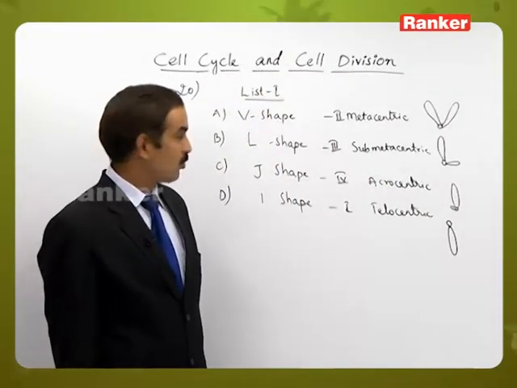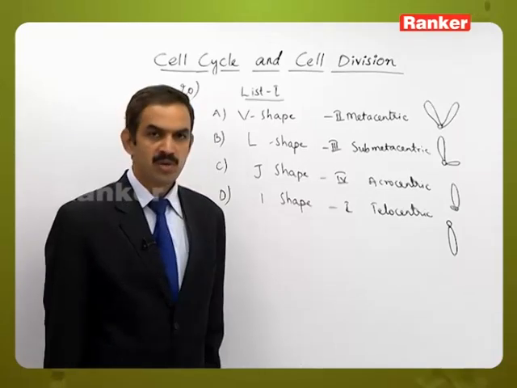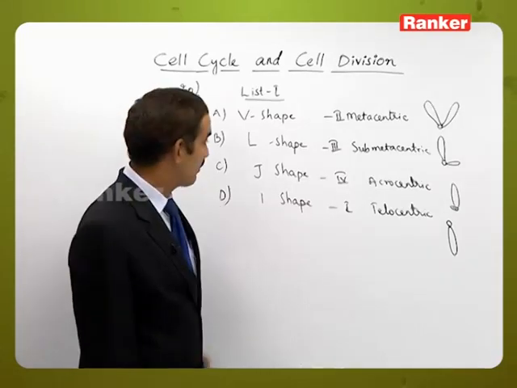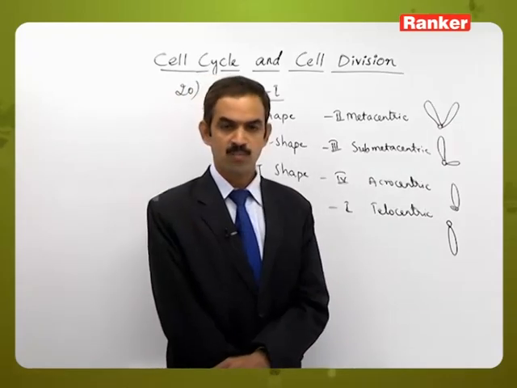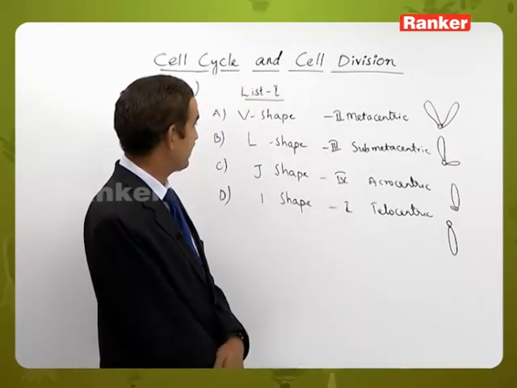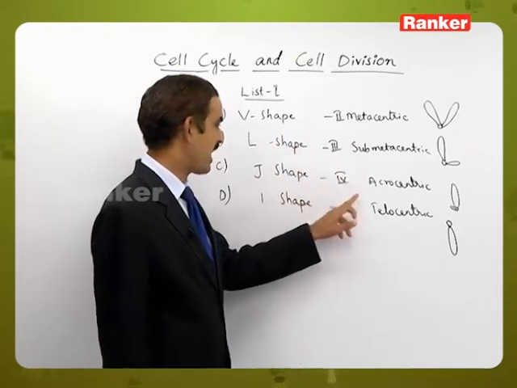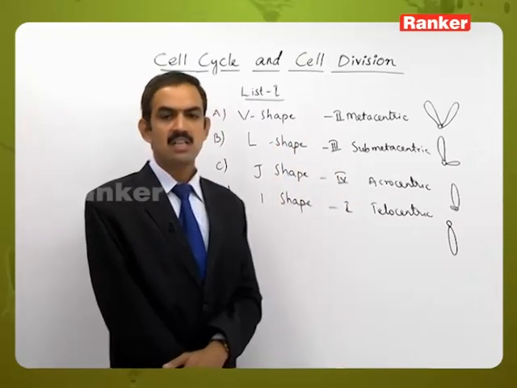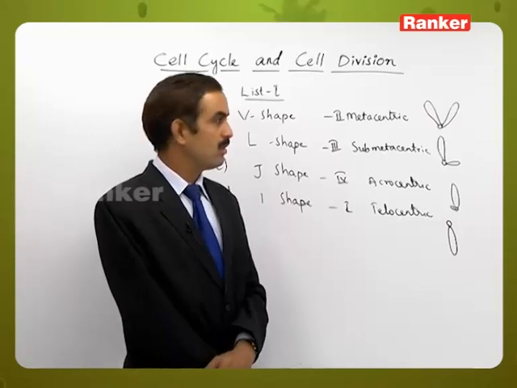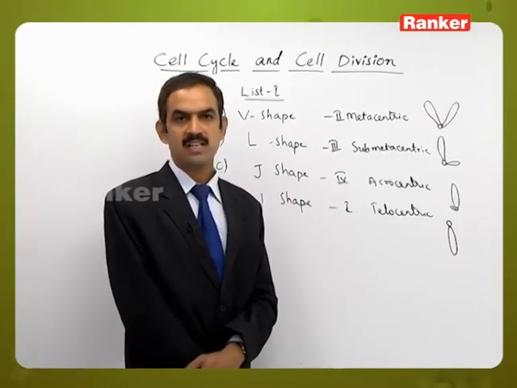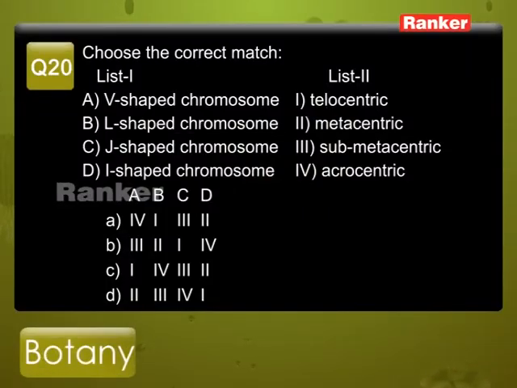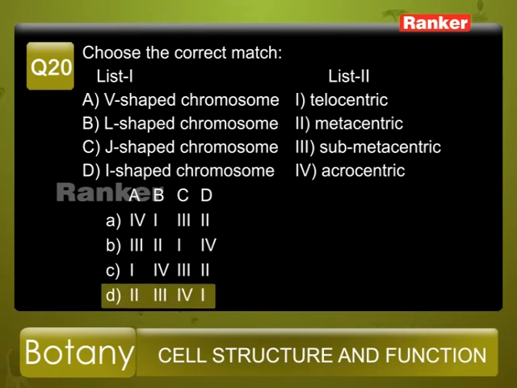So likewise the chromosomes will acquire different shapes during anaphase, depending upon the position of the centromere. From the given options we can say that V shape is exhibited by metacentric, L shape by submetacentric, J shape by acrocentric and I shape by the telocentric chromosomes. So 2, 3, 4, 1 is the correct sequence. So from the given options, option D is the correct answer.